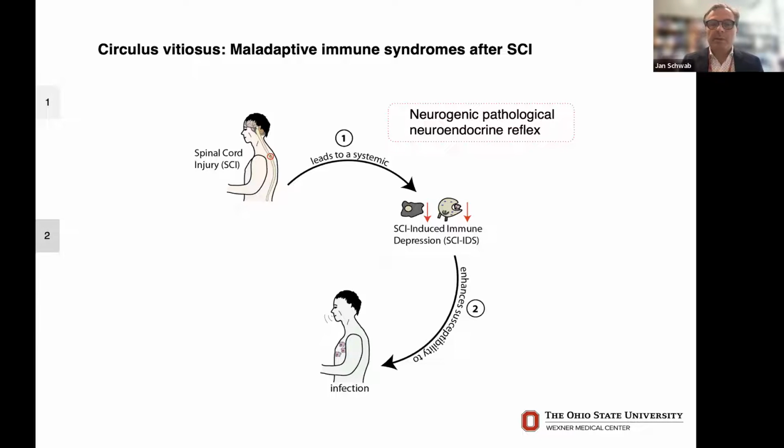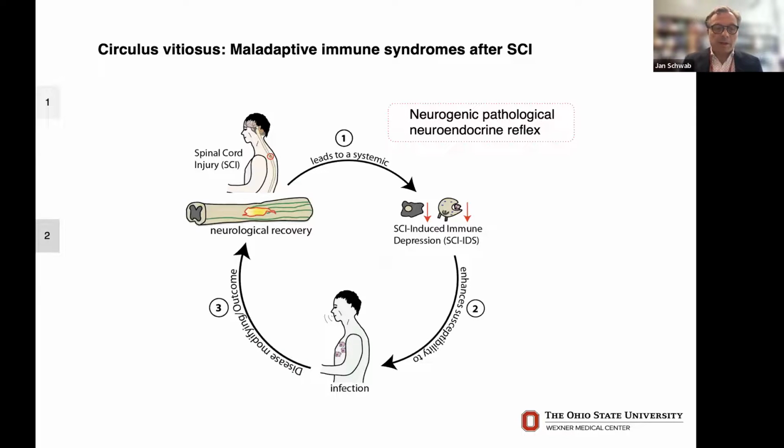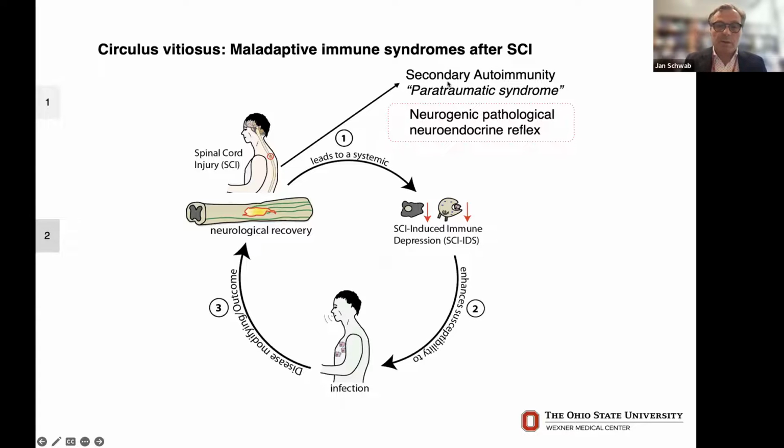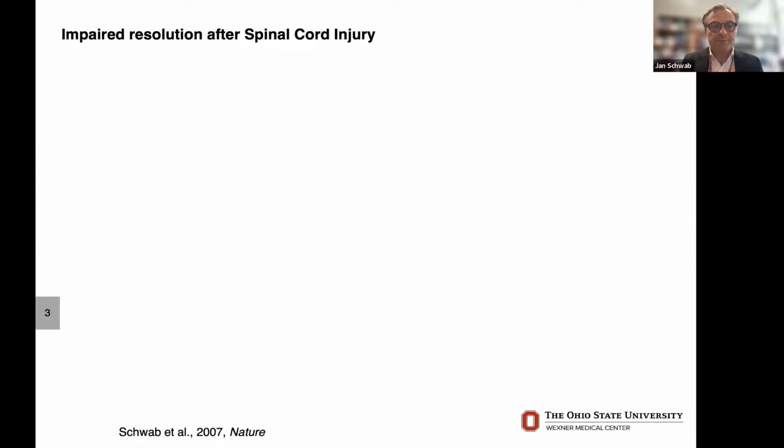As in an able-bodied individual, the pneumonia is driving axonal damage or affects the lesion site, extends the lesion significantly, basically acting as a disease modifier. Also, we see after spinal cord injury in a subgroup of patients the development of a secondary autoimmunity, which may give rise to paratraumatic outcome syndromes.